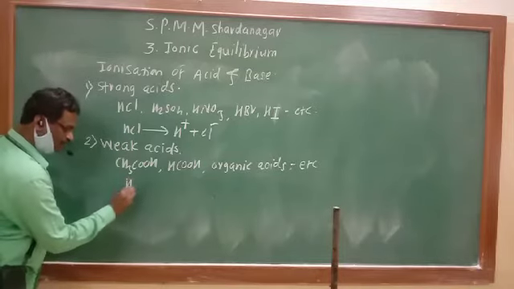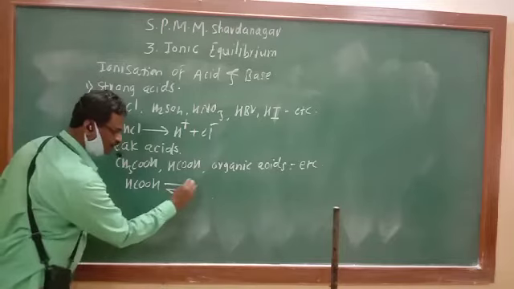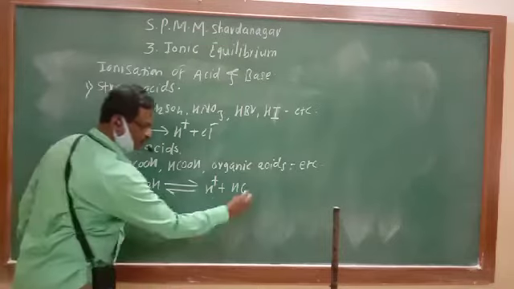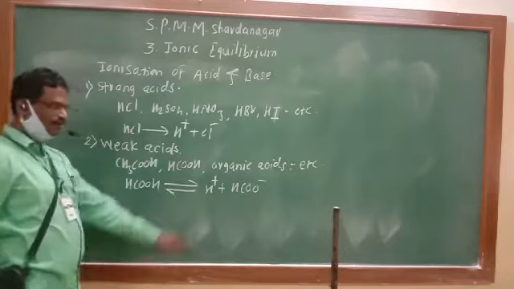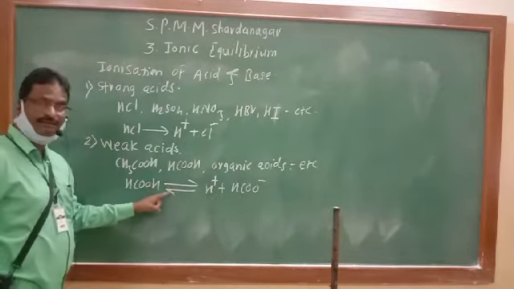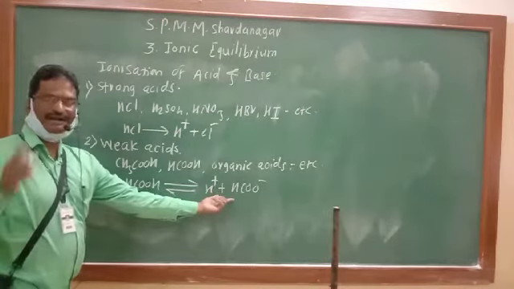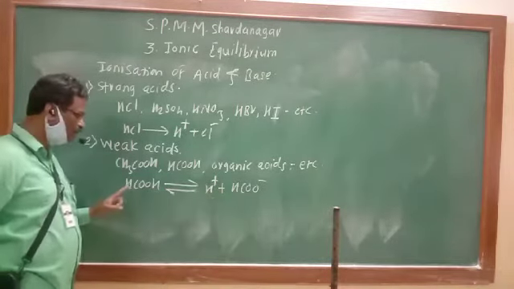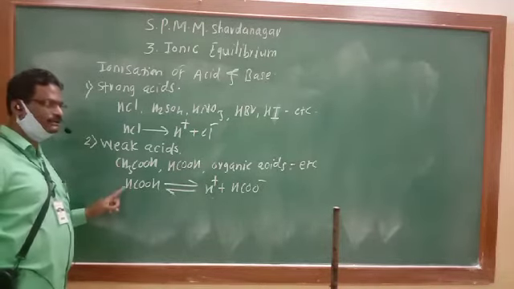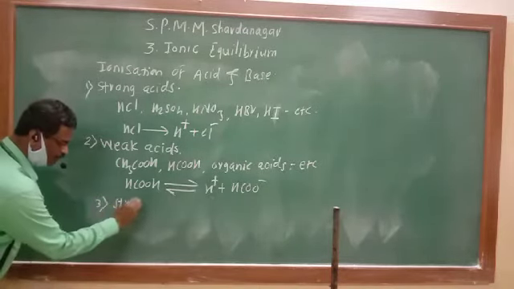So, if we consider HCOOH, it undergo incomplete dissociation, giving H plus and HCOO minus, formate ion. Reversible means these ions are present in equilibrium with unionized molecules of formic acid, so it is known as a weak acid.